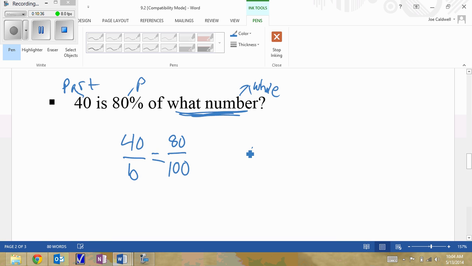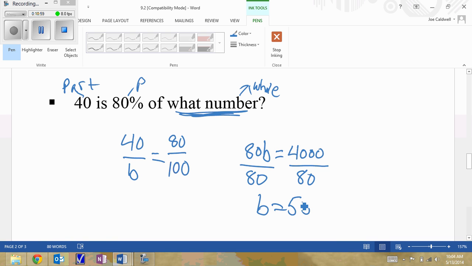So again, a little cross products. We're dividing both sides by 80, which would give us a final answer of 4,000 divided by 80, which would be B equaling 50.